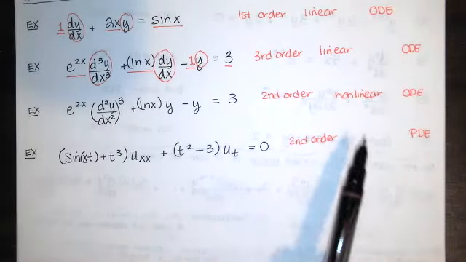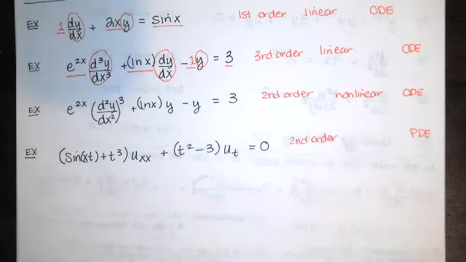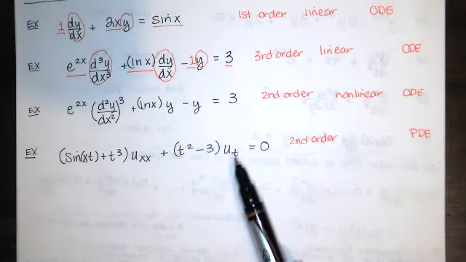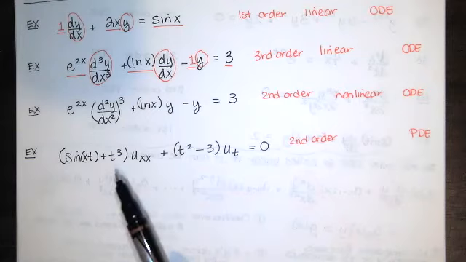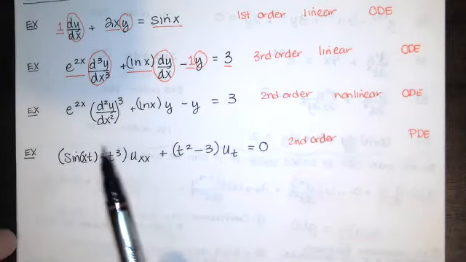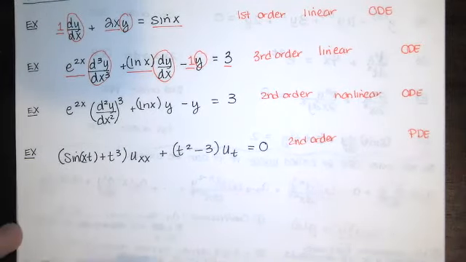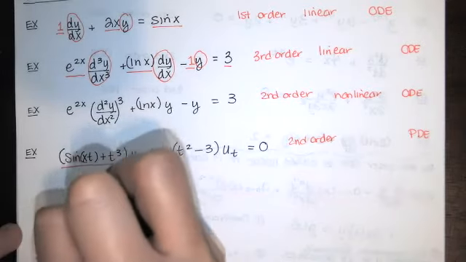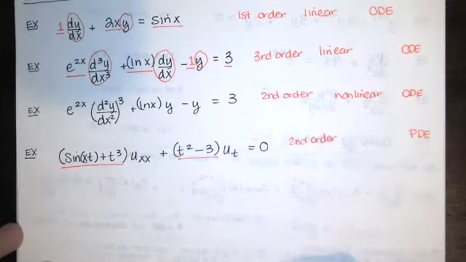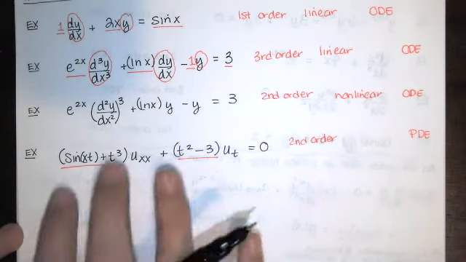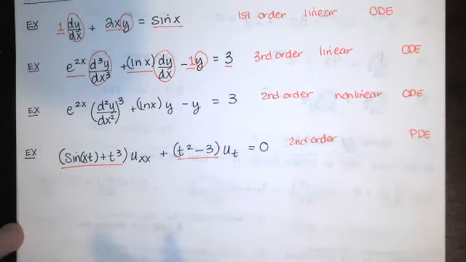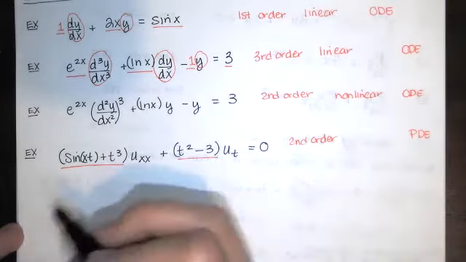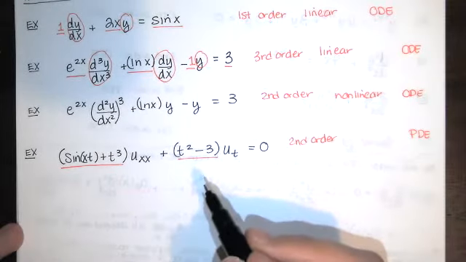And I look at the coefficient functions. If I'm trying to determine if a differential equation is nonlinear, I want to write it like this. I want to get all of the terms involving my dependent variable on the left-hand side and all the other terms on the right-hand side. In this case, it's already in that form. Then I look at my coefficient functions. Those can depend at most on the independent variables. Now, we weren't told which variables were dependent and which variables were independent, but we can tell from context what's going on.